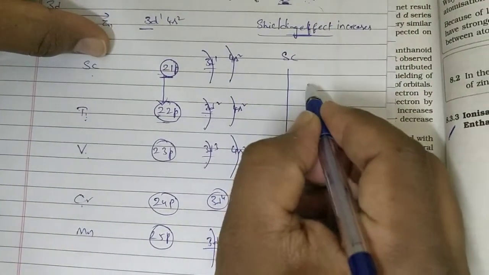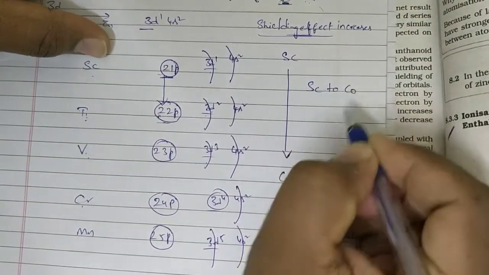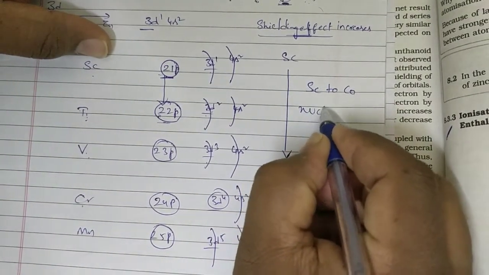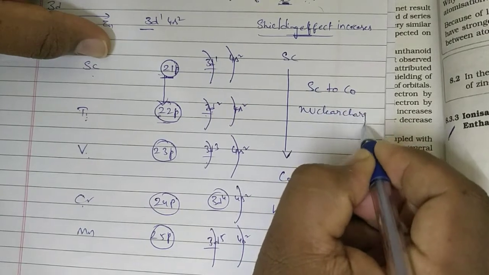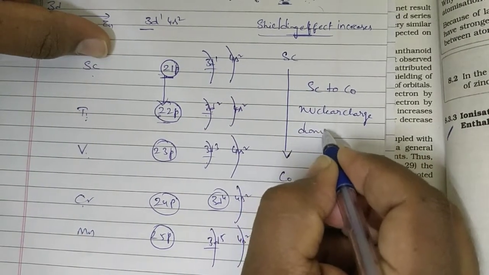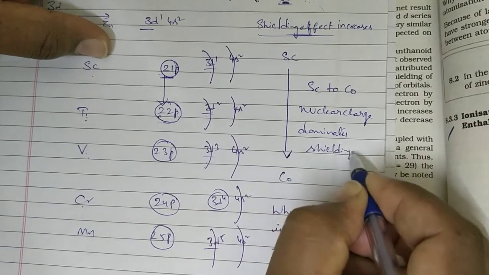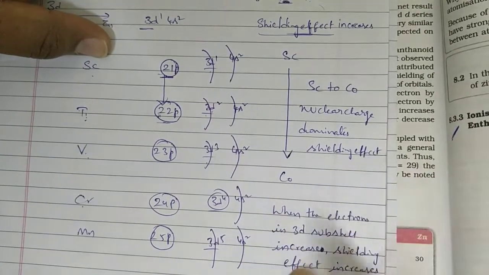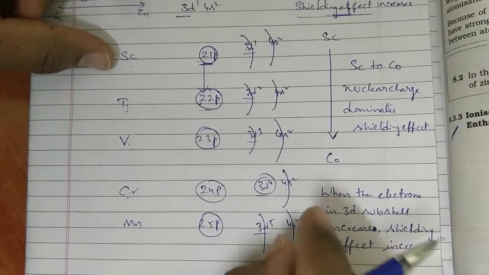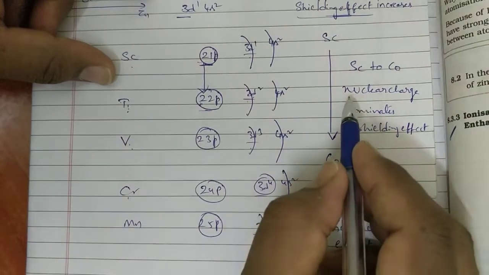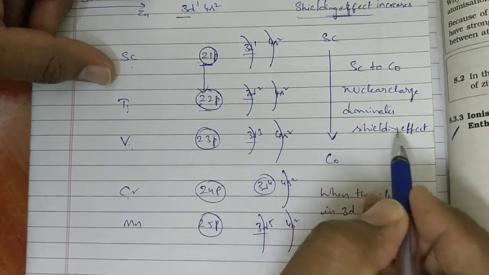Scandium to cobalt, nuclear charge dominates shielding effect.